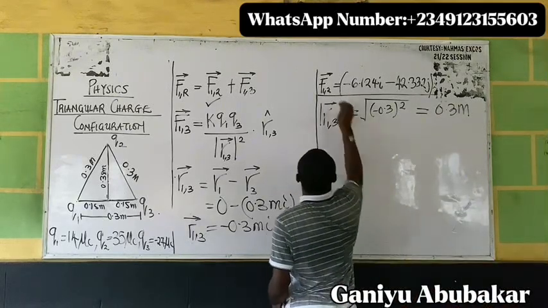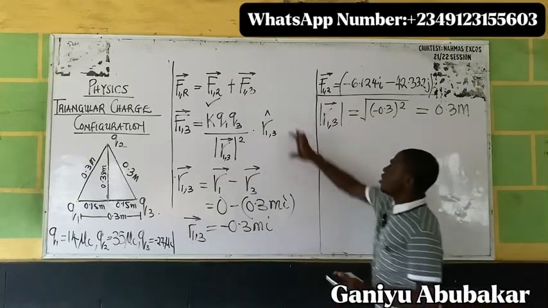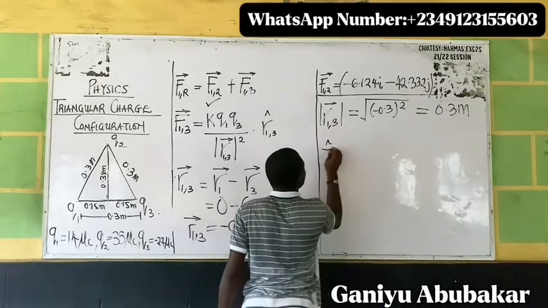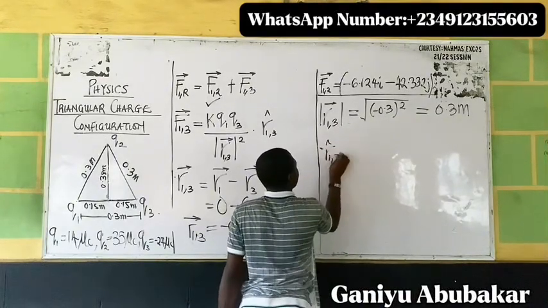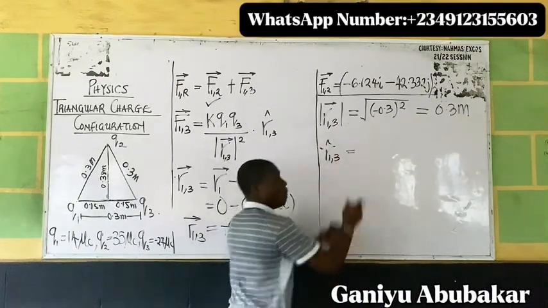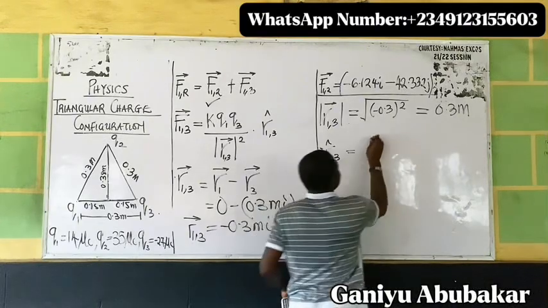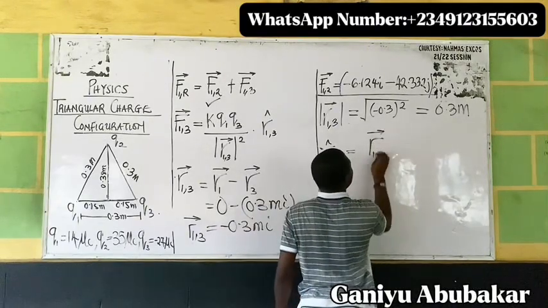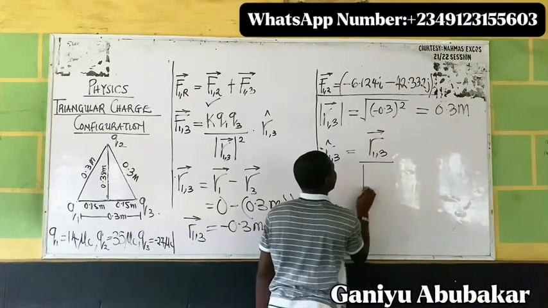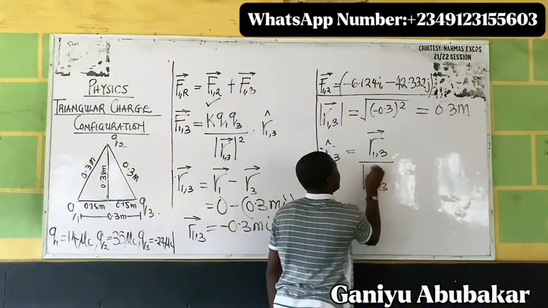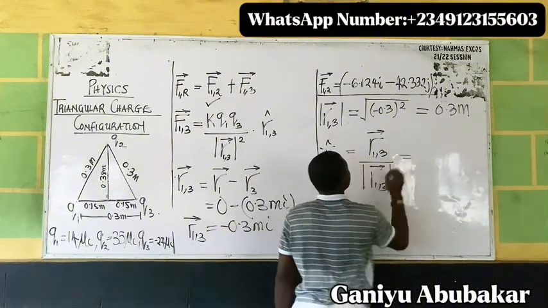Let's get the unit vector of R13. Unit vector of R13 is equal to position vector R13 all over the magnitude of R13.